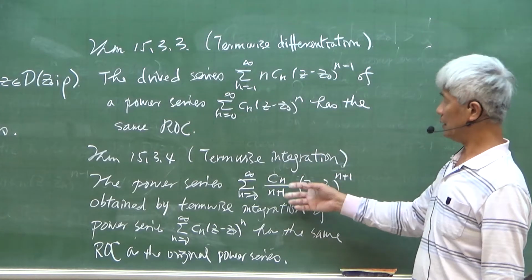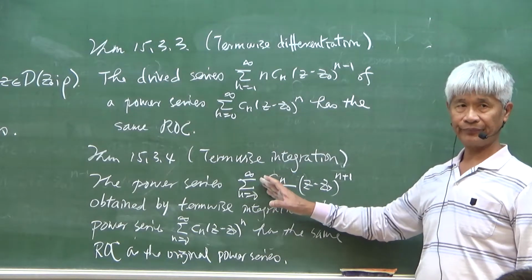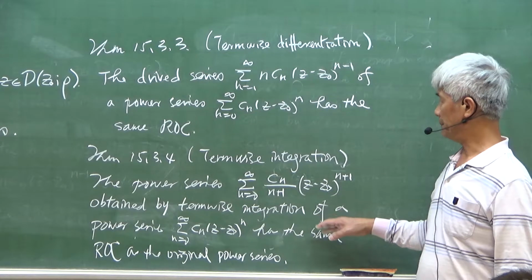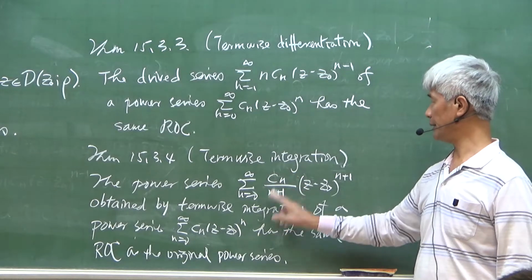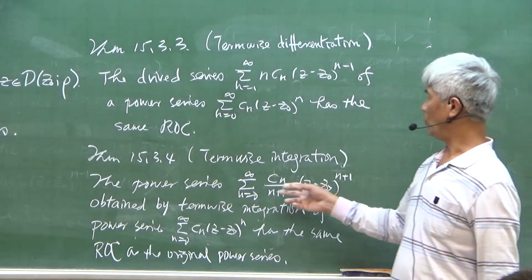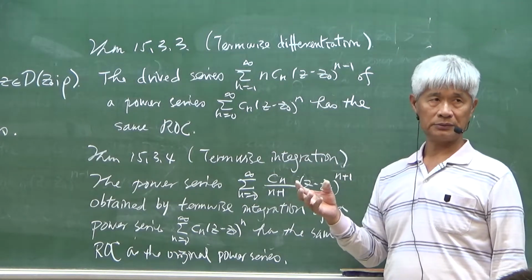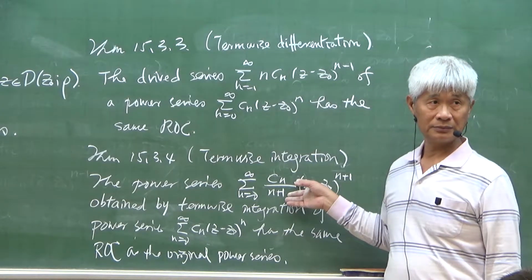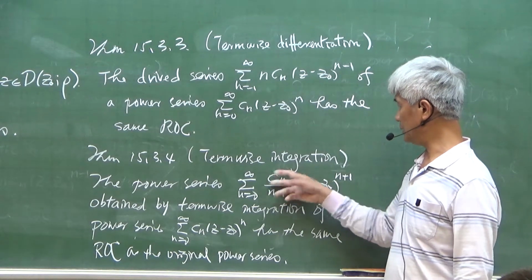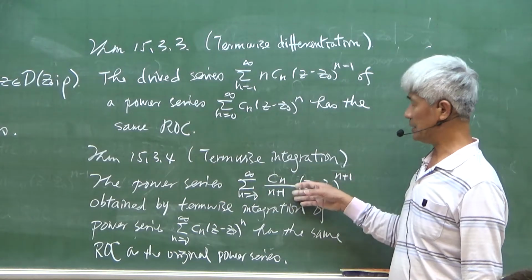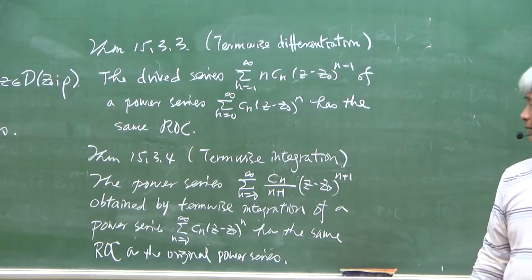You can say that it will define some analytic function, and then the derivative is equal to this one. It's very simple. But the question is, how do you know that it can define a sensible analytic function? Because to define a sensible analytic function, you have to show that the ROC of this new power series is greater than 0, at least something.